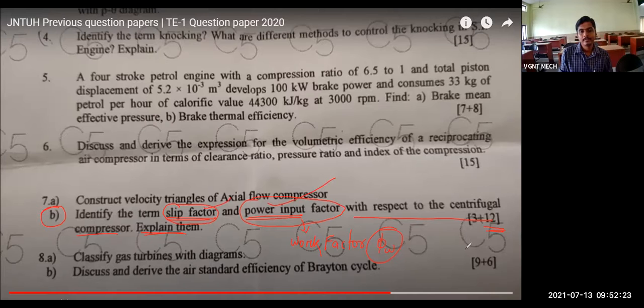Okay, so these two definitions you have to write. For this one they are giving 12 marks. 6 marks for slip factor, 6 marks for power input factor. Okay, so very simple. Only half page answer it is. Slip factor 3-4 lines, power input factor 2-3 lines.